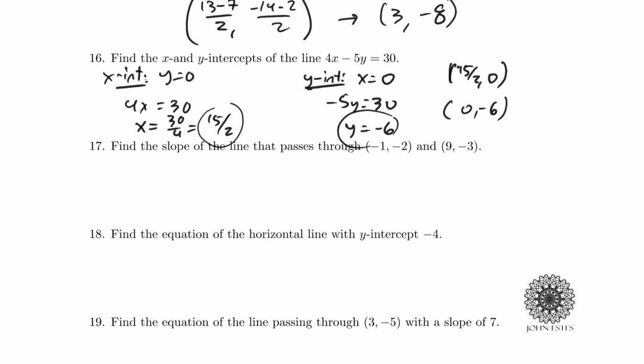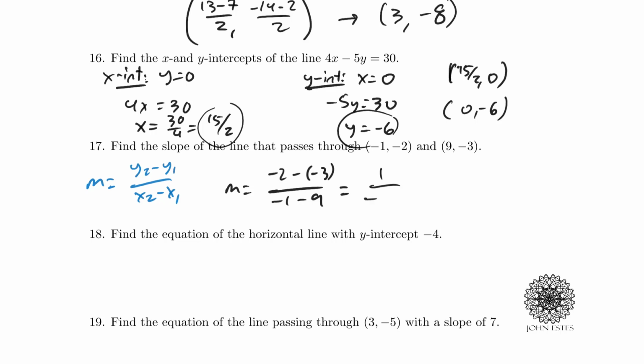negative 6. Alright, so for number 17, we want to find the slope of the line that passes through those points. So remember the slope formula is the difference in the y's over the difference of the x's. So that means then that m equals negative 2 minus the negative 3 over negative 1 minus 9. So that would be negative 2 plus 3, which is 1, over negative 10.